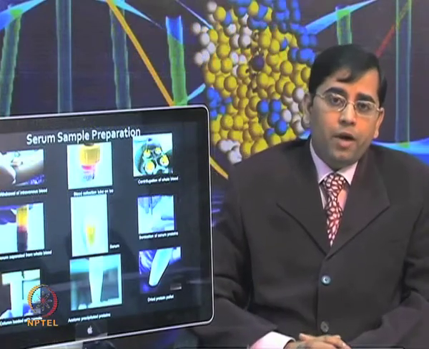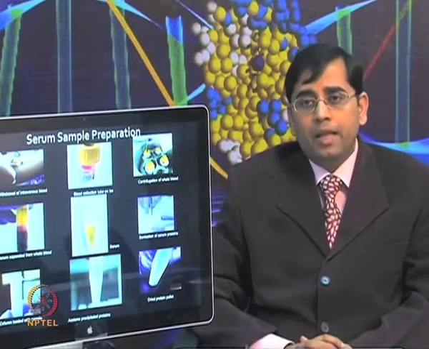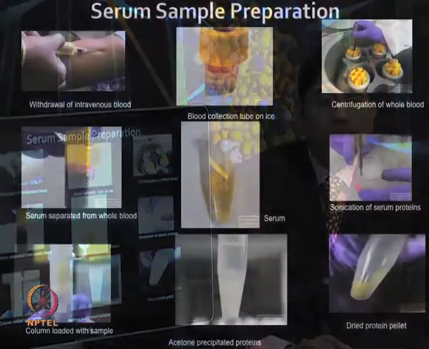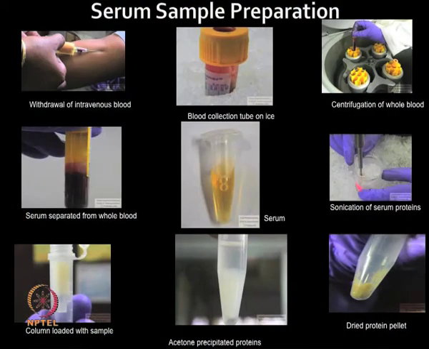So, now I am giving you an overview here for the serum sample preparation. The various steps are shown in images, such as withdrawal of intravenous blood, blood collection in the tube, centrifugation of whole blood, and how to remove the serum from the whole blood. Serum can be transferred into fresh tubes.